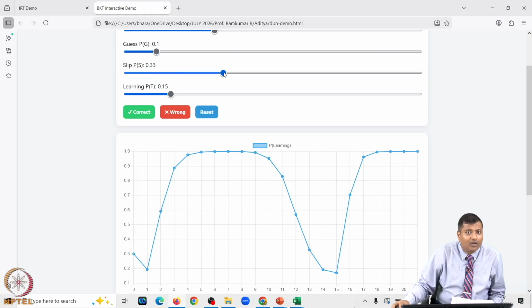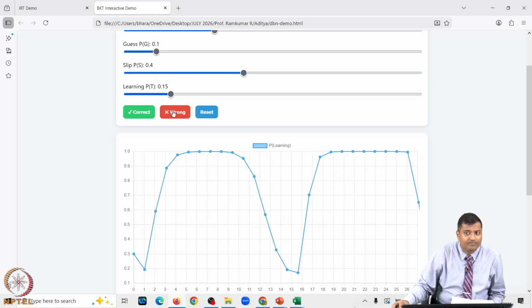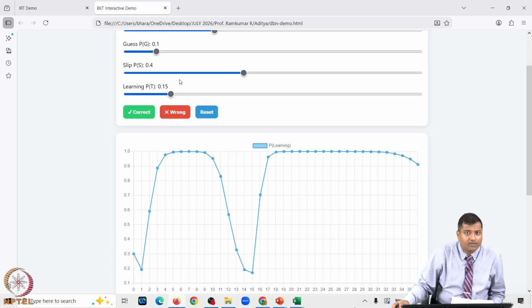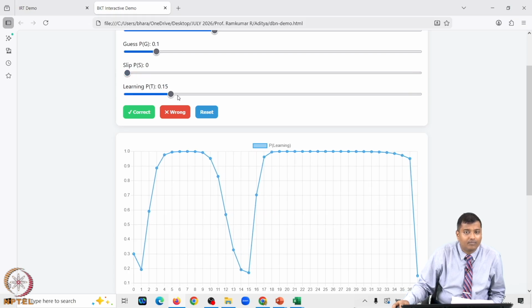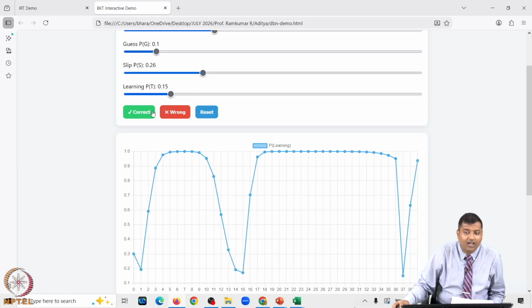If I move it quite a lot, let me answer a few wrong questions. If I move it a little bit more and start answering correctly, it shoots up really fast, because what it is saying is, this person knows the answer, they're just slipping.